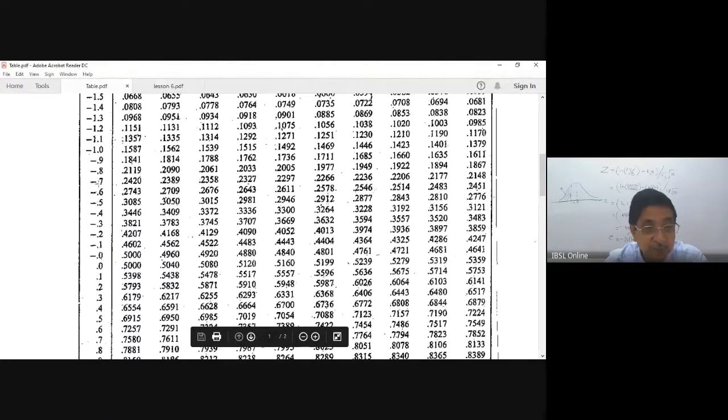Minus 0.71 means it should be 0.2389. Now the meaning of this is we have found the area under the normal curve, the percentage of the area. So 0.2389 means the percentage would be 23.89. Is that okay?